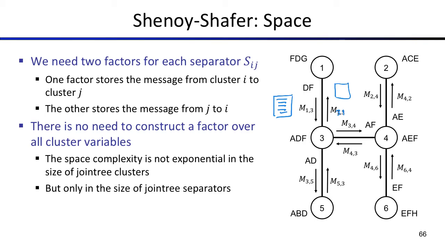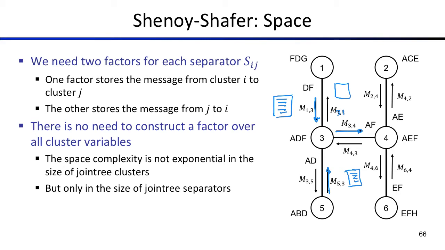Let's suppose that after that we go to node 5 and decide to send a message from 5 to 3. So I'm going to have another factor here that I fill in with the information and send to node 3. When 3 has these two messages, the message from 1 and the message from 5, it will be in a position to send a message to 4, right?